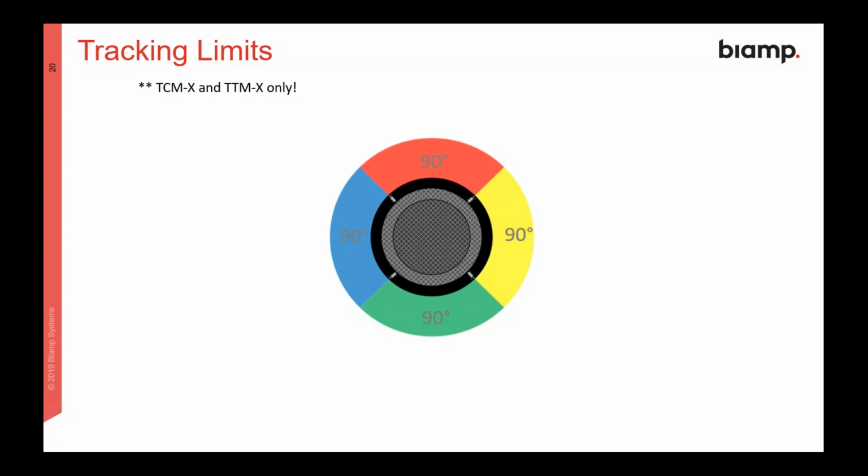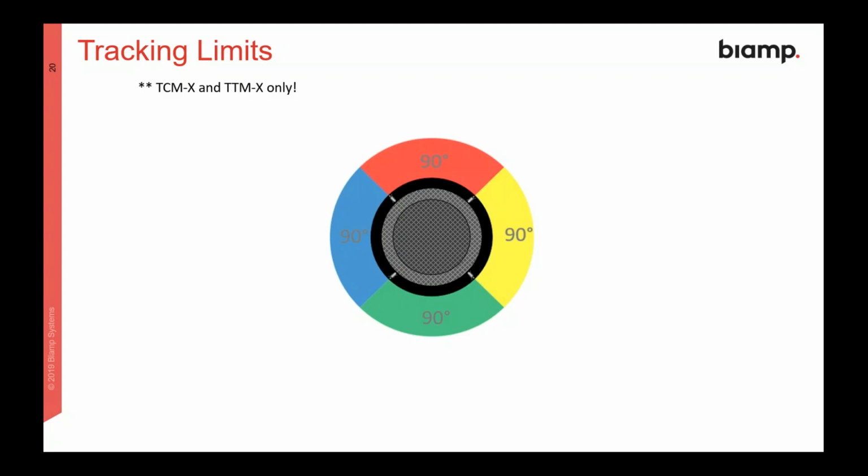So if you think of this little diagram, we have a red, a yellow, a green, and a blue microphone inside here, and as somebody talks, if they're within the coverage area of that yellow microphone, then we point that microphone in that direction.